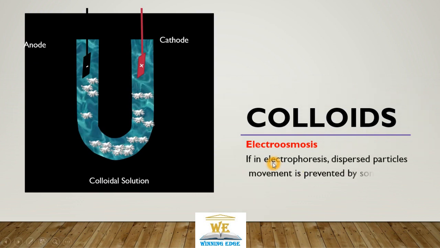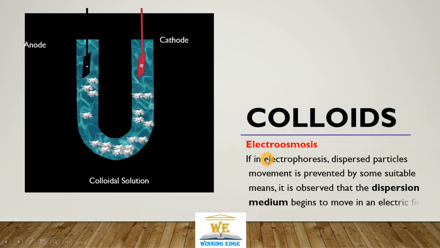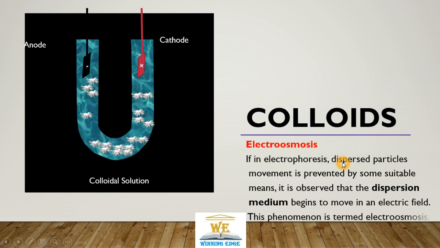That phenomenon, the movement of colloidal particles toward electrodes depending upon their charge, is called electrophoresis. Now, if in electrophoresis the dispersed particle movement is prevented by some method or means, it is observed that the dispersion medium begins to move in the electric field.